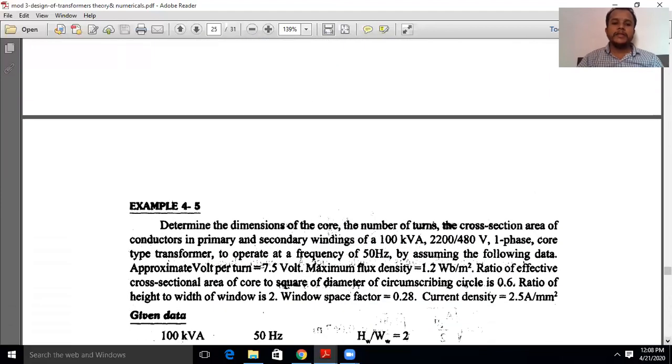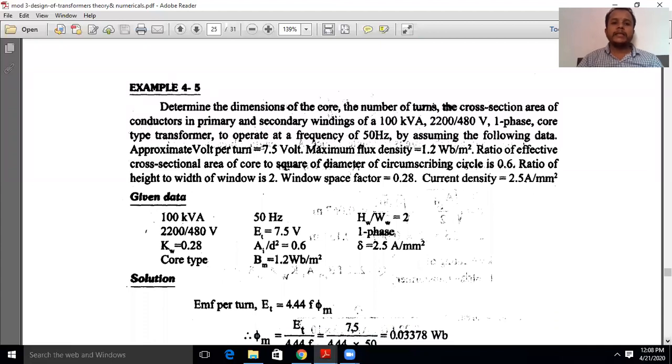Now let us take another example. Determine the dimensions of the core, the number of turns, and the cross-sectional area of the conductors in primary and secondary winding of a 100 kVA, 2200 by 480 volt, single phase core type transformer to operate at a frequency of 50 Hz, by assuming the following data. Approximate volt per turn is 7.5 volt, maximum flux density Bm is 1.2, and the ratio of effective cross-sectional area of the core to the square of the diameter of the circumscribing circle is 0.6.